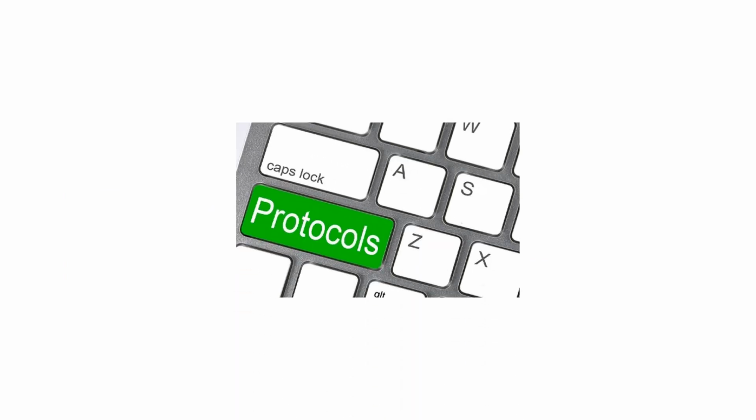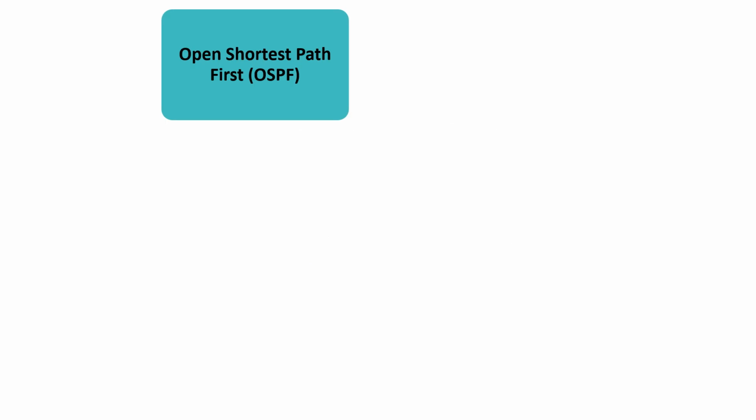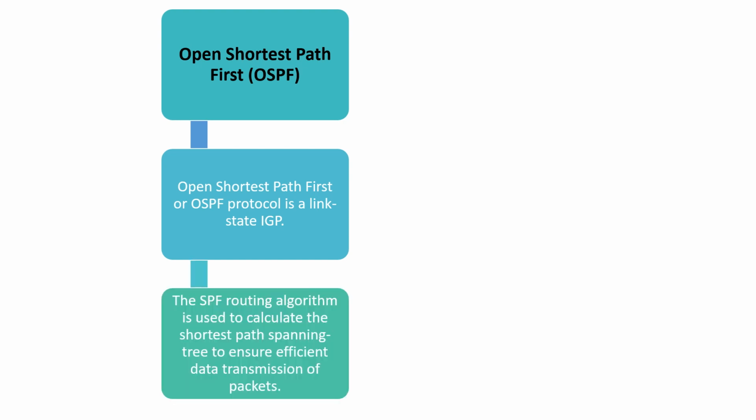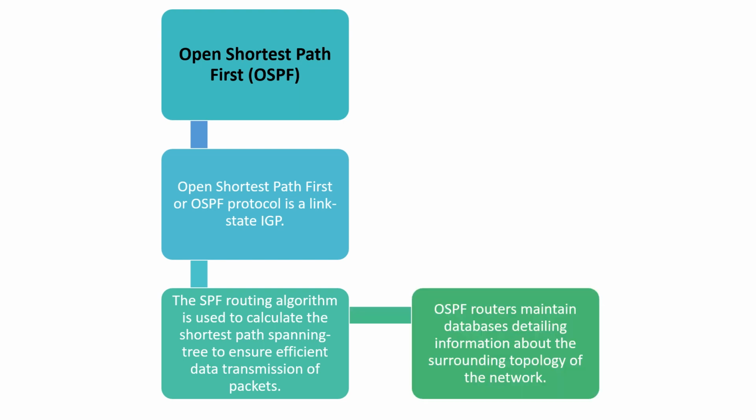We are moving to the first protocol, the Open Shortest Path First protocol, which is a link state interior gateway protocol. This Open Shortest Path First protocol falls under class 1 and class 2, and it uses the shortest path first routing algorithm to calculate the shortest path spanning tree to ensure efficient data transmission of packets.